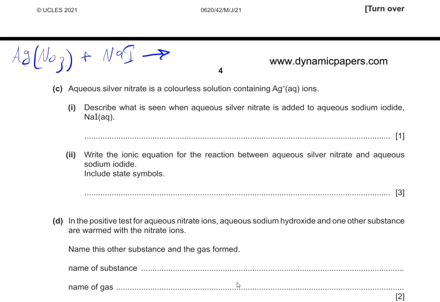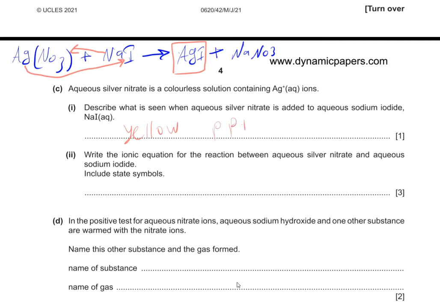One positive ion goes with the negative ion from the other compound, and the other positive ion goes with the other negative ion. So we would end up with silver iodide plus sodium nitrate. And this silver iodide is a solid and gives a yellow precipitate.